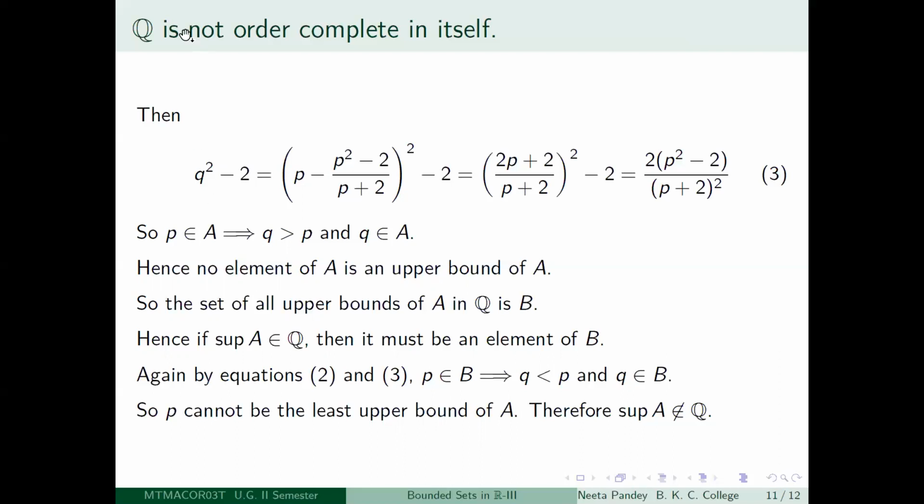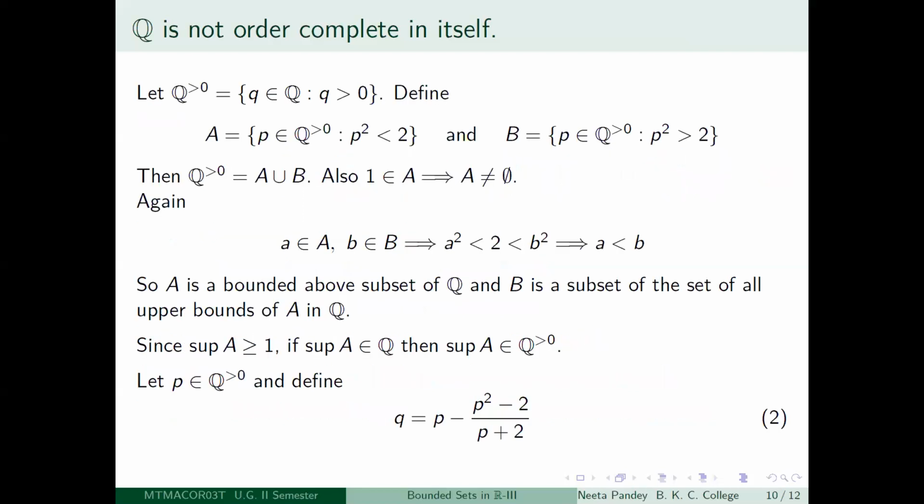That is what is meant by saying that Q is not order complete in itself. That is, it is possible to get a non-empty bounded above subset of rational numbers which will not have its supremum as a rational number.